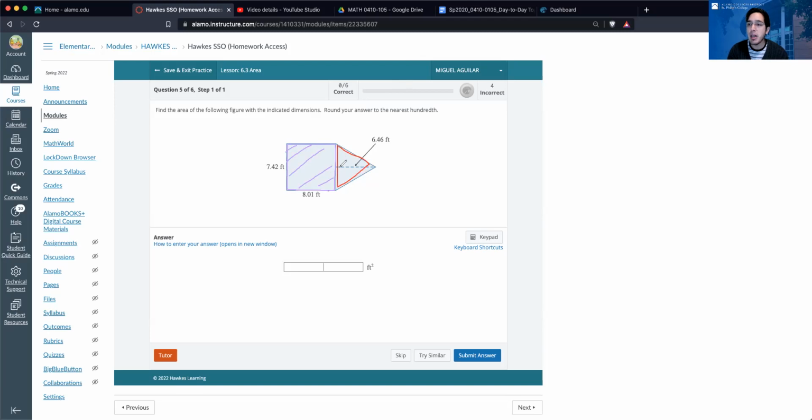So what I could do is combine my formulas by finding the area of the rectangle. I'll put rectangle here, which should just be the length times the width of this thing that I've coded in purple, right?